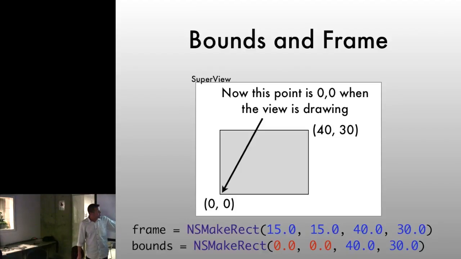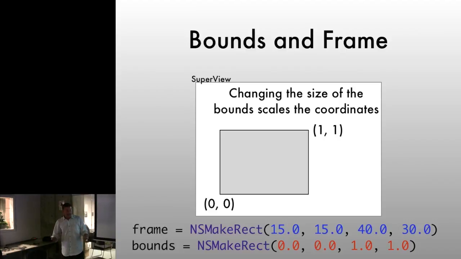The boundaries we're going to set for this frame are going to be one-to-one with the size of this frame. So we're going to say the bounds are 0, 0, with a width of 40 and a height of 30 pixels. So we have a one-to-one pixel correspondence between where we want to draw, or where we want points associated, and our frame. We can change that if we want to.